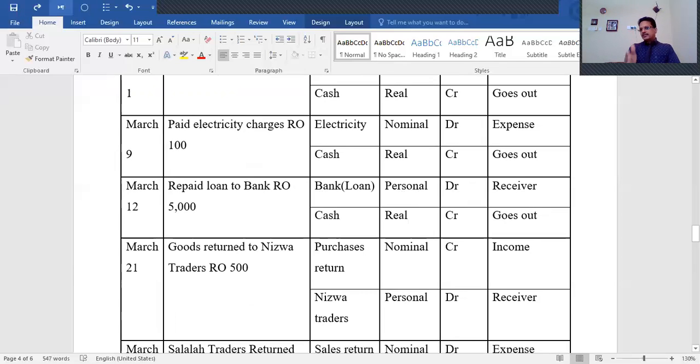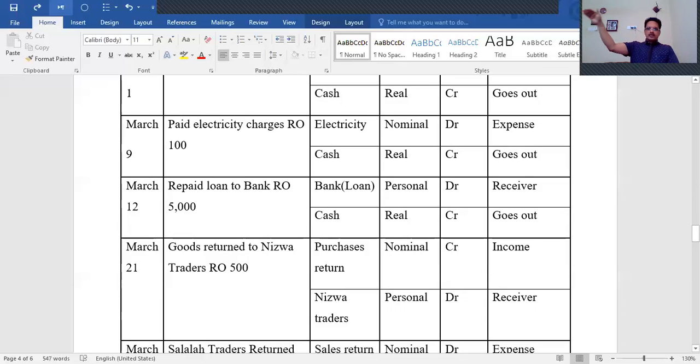So once you understand this debit credit, journal entry or journalizing, recording transactions in the book of original entry, the journal, it will be very easy. It is nothing. Only you write debit. For example, first this March 12th, repaid loan account. How do you write in journal?